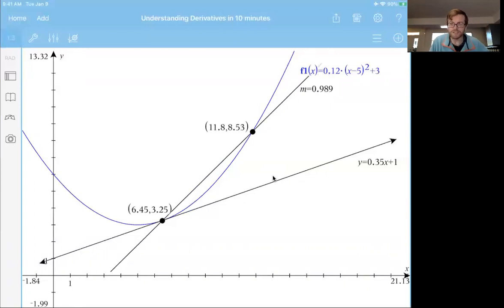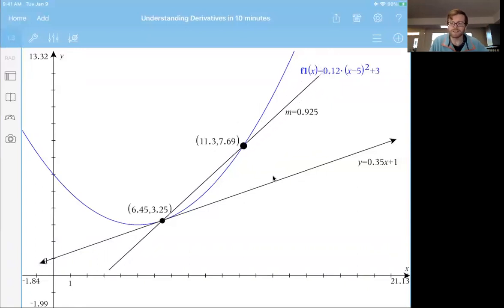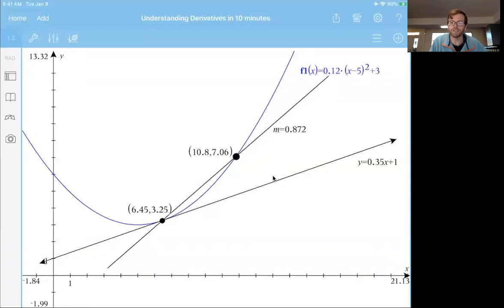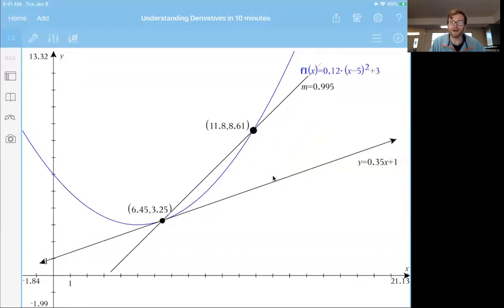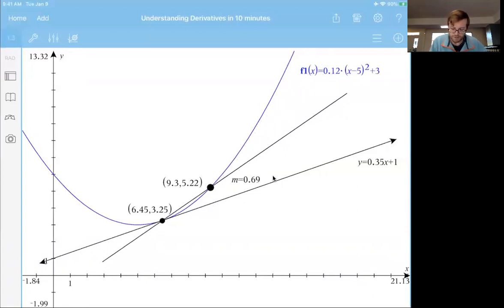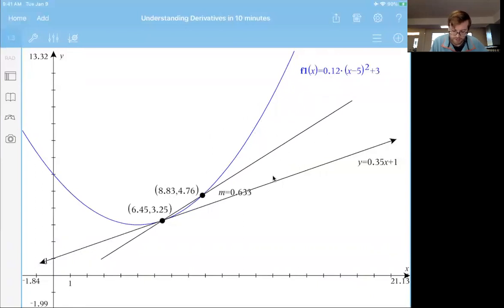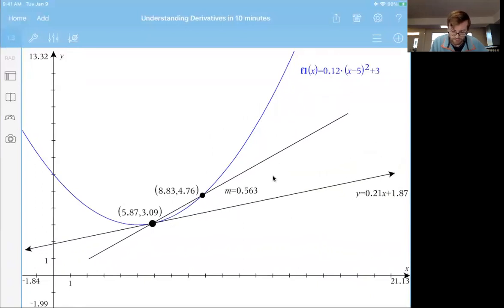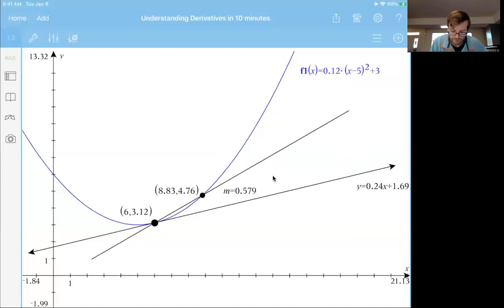By the way, you'll notice here that m equals, that's the slope. I put it on there so you can see it really easily. And as I move this point around, you can see what's happening. Say you pick a point pretty close, like one at about 6. There you go. Oh, close.